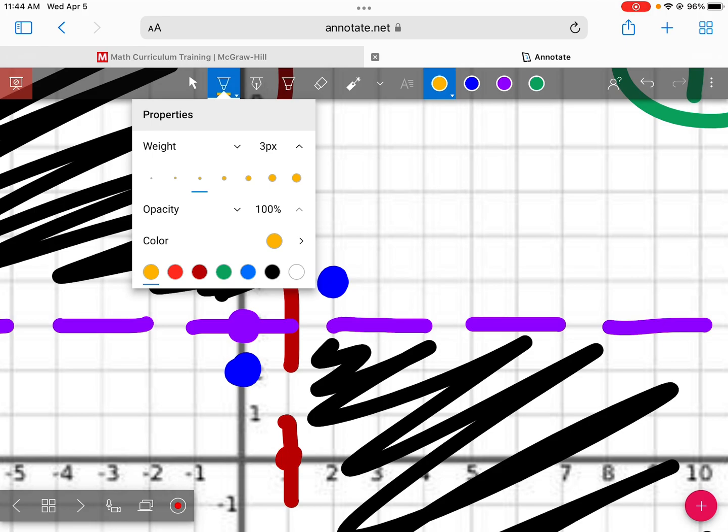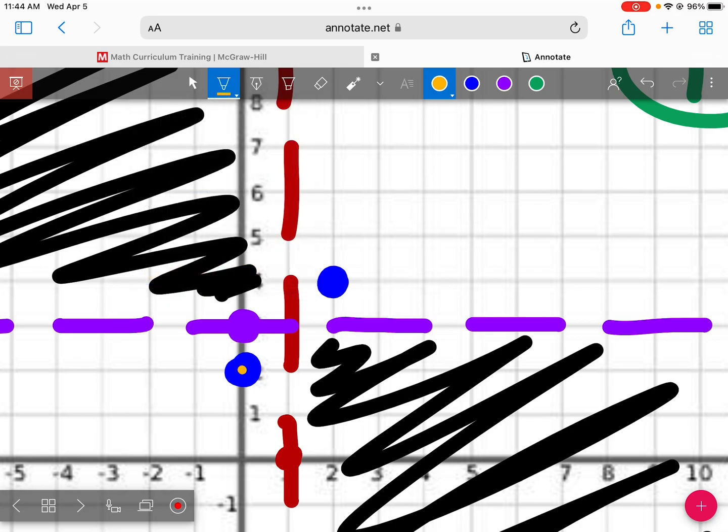Go back to where they cross. I've gone up, I've gone down. Now I go left or right. So let's go left, and I go in 1, which puts me where? Down 1. I land right on top of the point that I made before, right? That's okay. 2 of my dots just landed on top of each other. I go back to where they cross. I've gone up, I've gone down, I've gone left. We're going to go to the right.